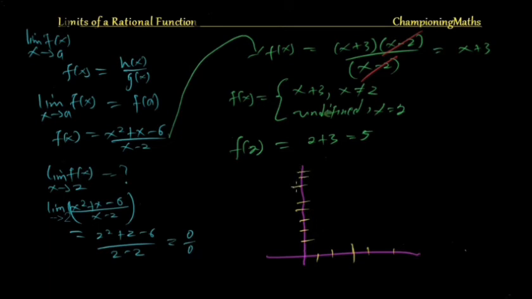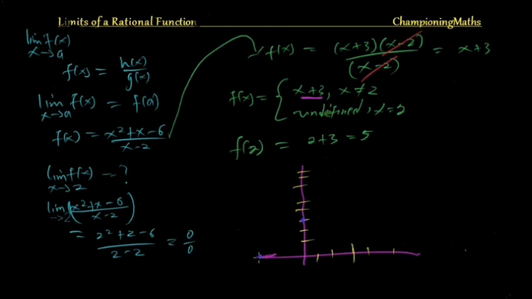Our y-axis. Now, from our function x plus 3, our x coordinate is going to be minus 3, and y will be 0.